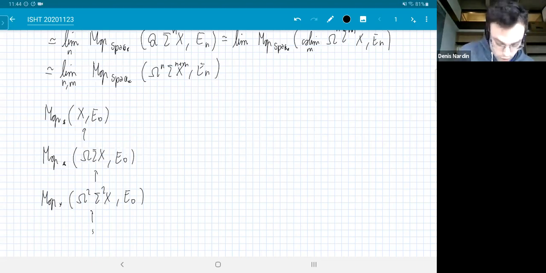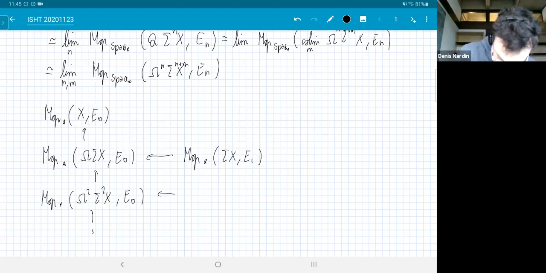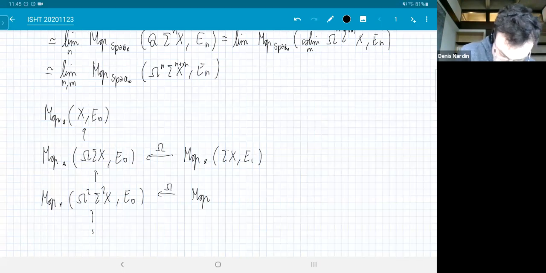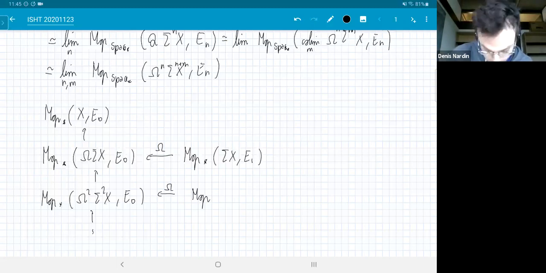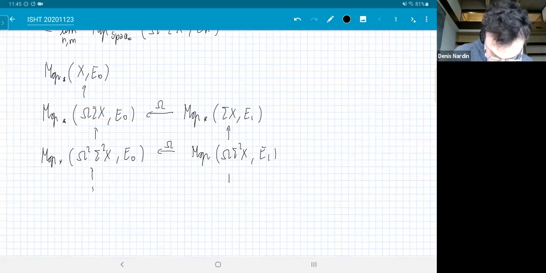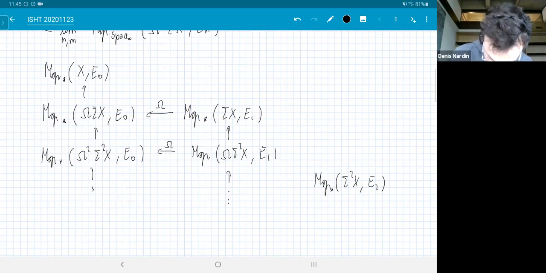But then Q of x, but now we end up with Q of sigma x, and these maps are just obtained by taking loops, using the fact that loops of E1 is E0 and loops of sigma x is loop sigma x. Sorry, omega sigma squared x, E1, etc. And then you go on, and here you get a map, sigma 2 x, E2, etc. And you take the limit of this diagram.